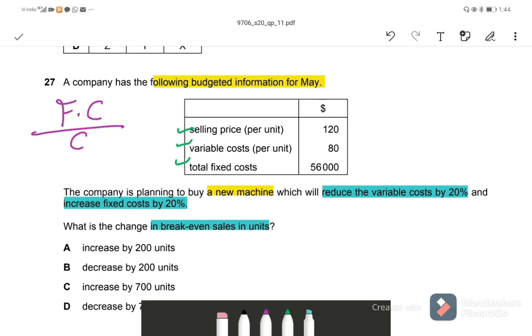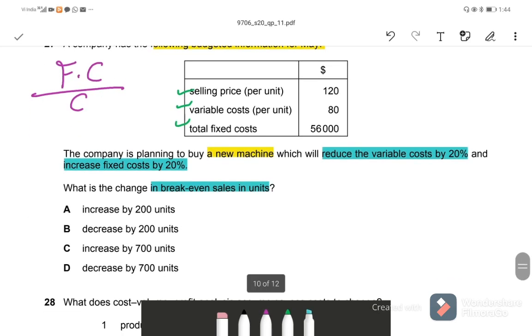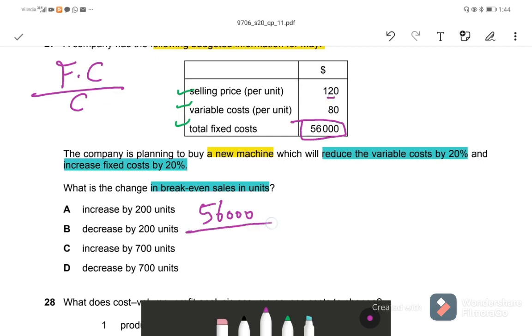So here fixed cost is 56,000. Contribution is 120 minus 80, which is 40.